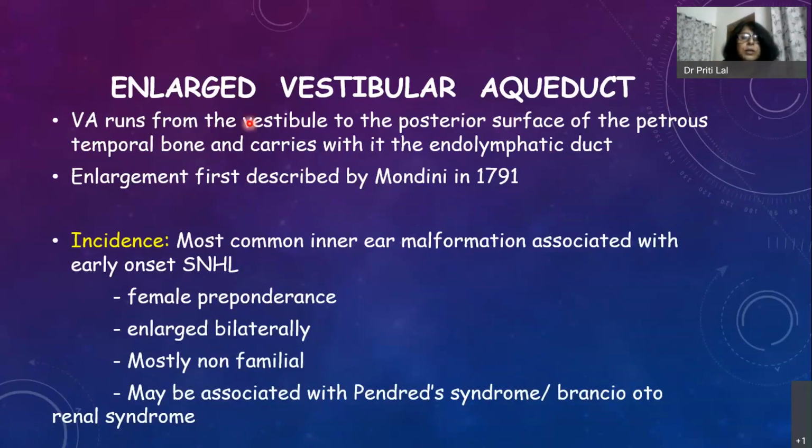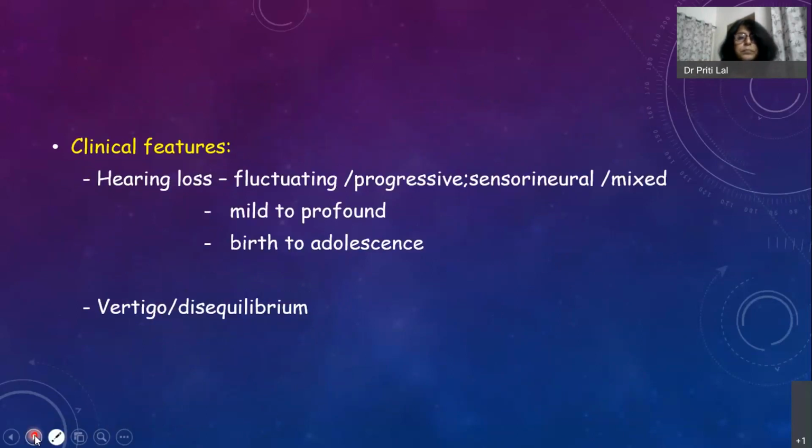This condition was first described by Mondini in 1791, and it is the most common inner ear malformation associated with early onset sensorineural hearing loss, with a female preponderance, and usually the aqueducts are enlarged bilaterally.